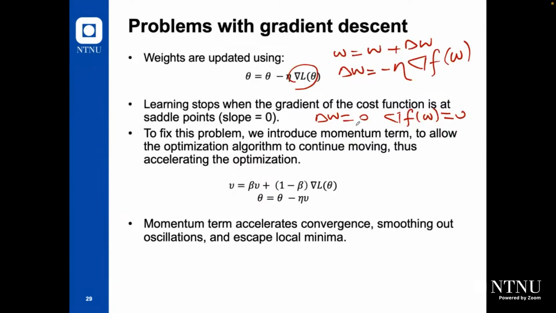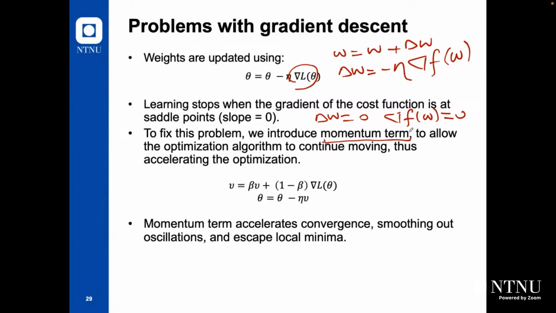We will not be able to move forward if the gradient equals zero. To fix this problem, we need to introduce something called the momentum term. We add this momentum term to allow the optimizer to continue moving, so we can accelerate the optimization process.